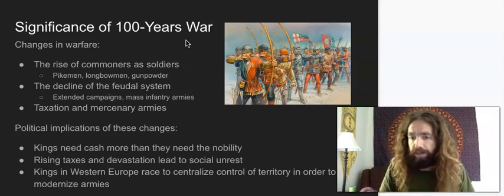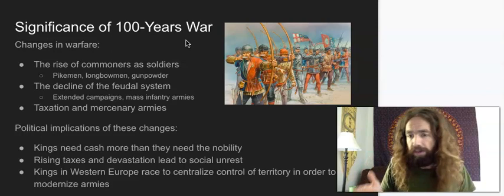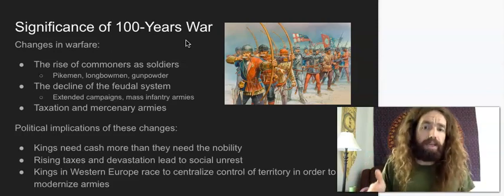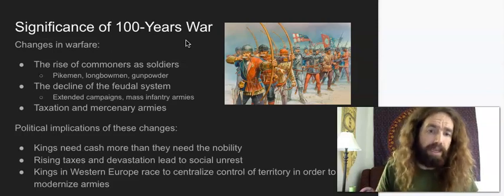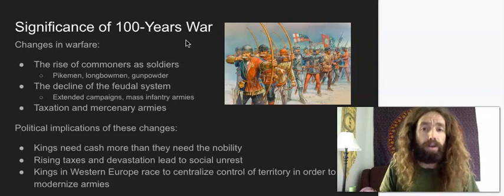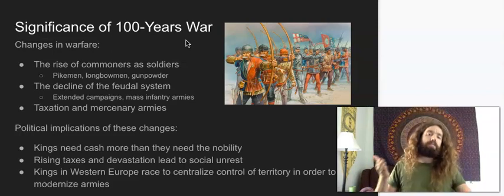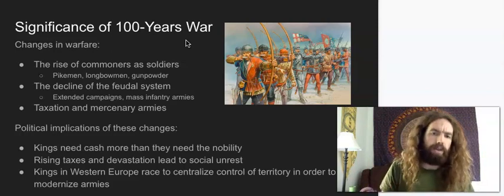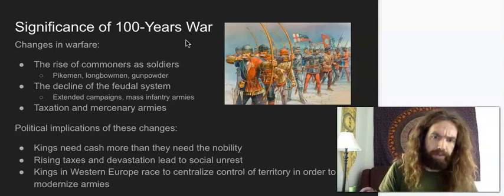Kings during the early modern period are going to be desperate to get money in basically any way that they can. Because if you don't have money, you can't keep mercenaries in the field. And if you can't keep mercenaries in the field, you are going to get conquered. So that's the military significance of the 100 Years' War.